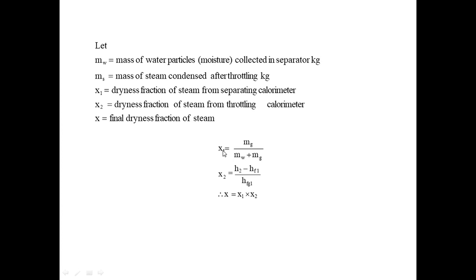Then x1 is the mass of steam separated divided by the mass of water plus mass of steam, and you can calculate x2 because we know the temperature and pressure before throttling and after throttling. With that you get the final dryness fraction as x equals x1 into x2. This is the dryness fraction you can get from the combined separating and throttling calorimeter.